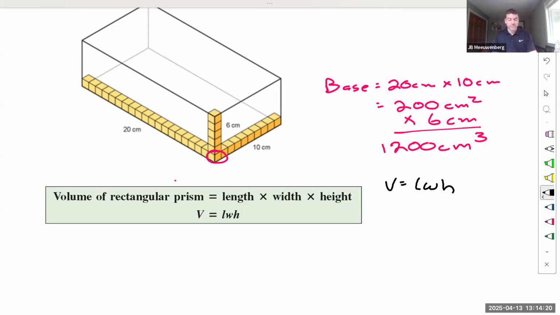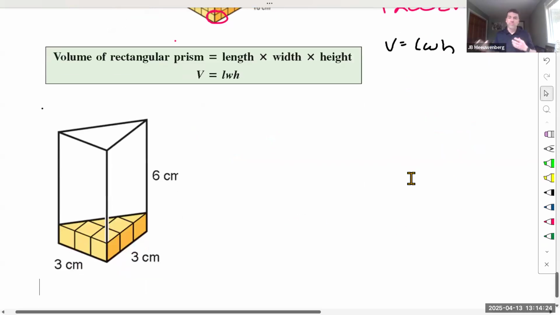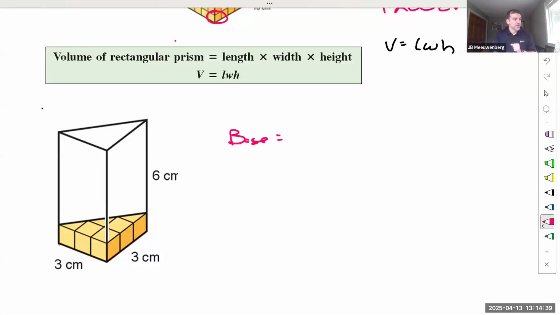Now we have other prisms besides rectangular prisms. We can have triangular prisms. We approach this the same way, where we start off by looking at the base, and we find the area of the base. In this case, it's a triangle. And so to find the area of the triangle, we multiply the length times the width and then take half of that.